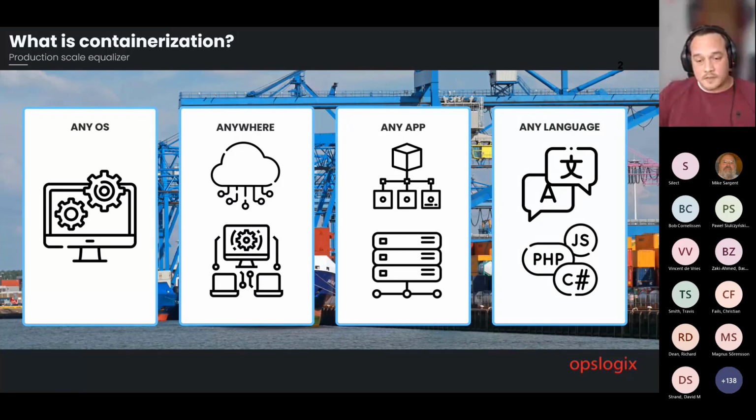Like a good functioning port or harbor, it standardizes portability and eases scaling, whether that's up or down. It can also be just-in-time scaling, so to speak. It's very quick. Containerization has currently proven to be an optimal way of equalizing production deployment and scaling.